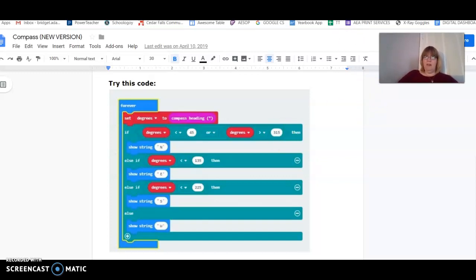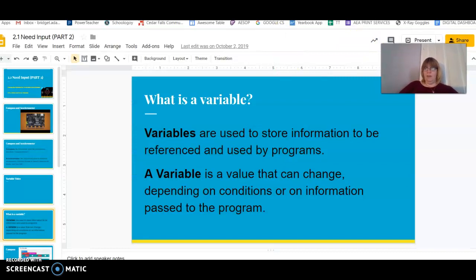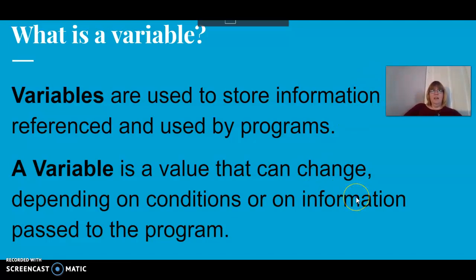This is from our presentation in class: a variable is used to store information to be referenced and used by other parts of the program. Today we are going to set a variable and set the value of that variable to read whatever the compass heading is reading. That's going to detect the direction that the microbit compass is facing.